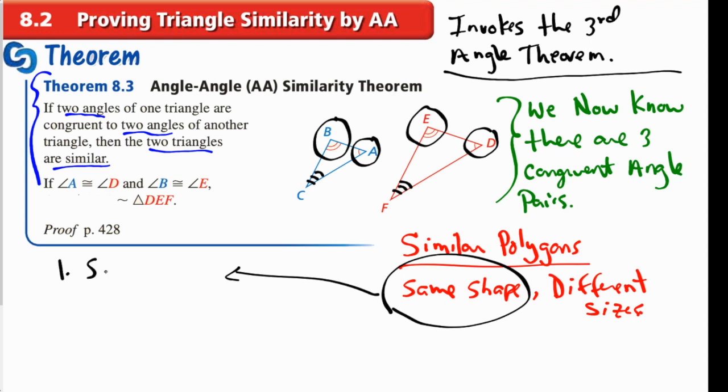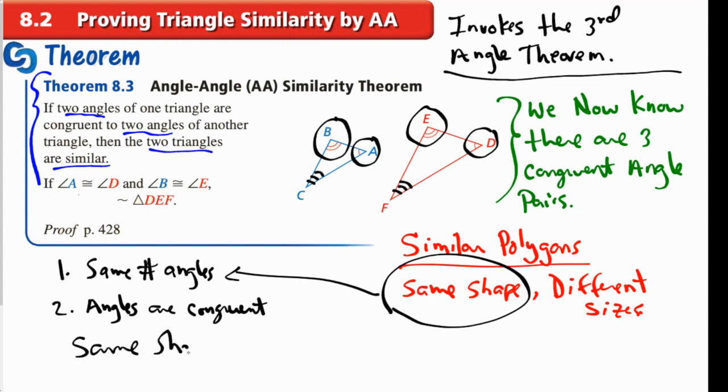First, same number of angles. Second, angles are congruent. If you satisfy those two criteria, you get the same shape. They may be different sizes, but that's okay, because now we know the sides are proportional, and we can use that to solve problems.